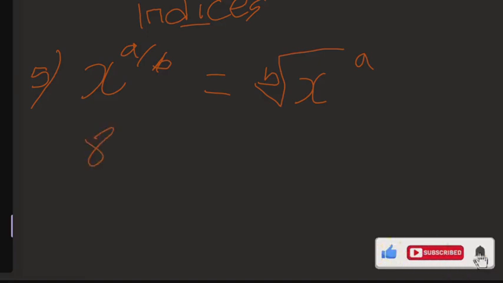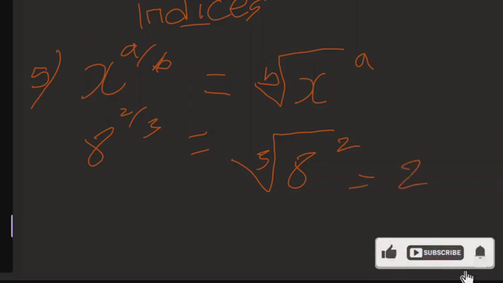If we have 8 raised to the power of 2 over 3, this is simply equal to the third root of 8. I told you the denominator here is the root, while the numerator is the power. So we have the third root of 8, and then raised to the power of 2 based on the law. What's the third root of 8? It is 2.